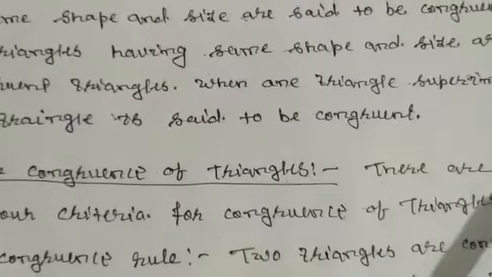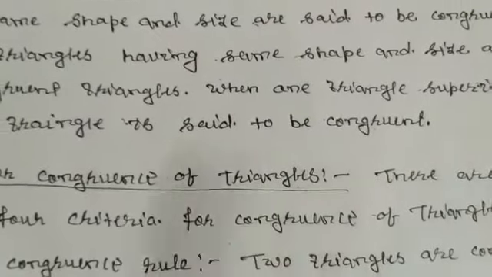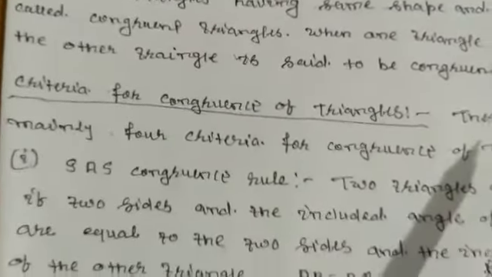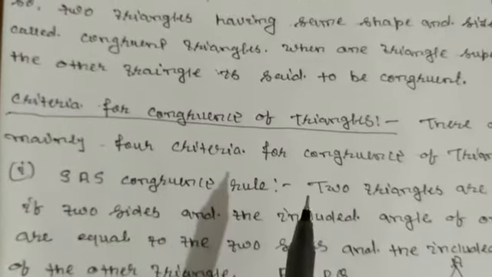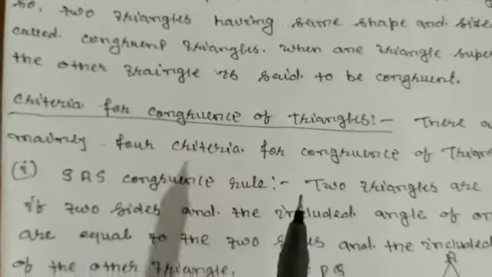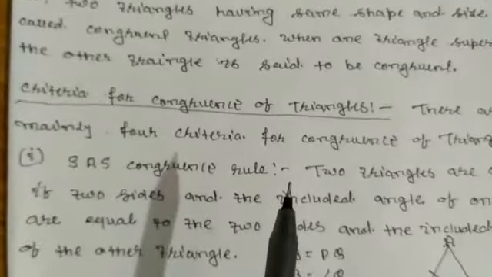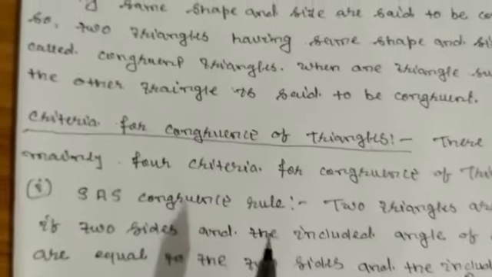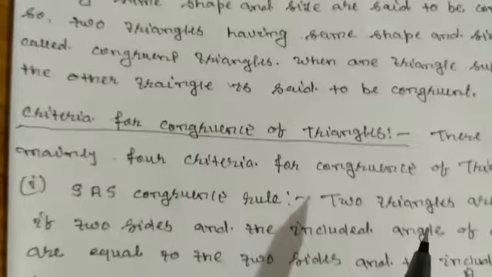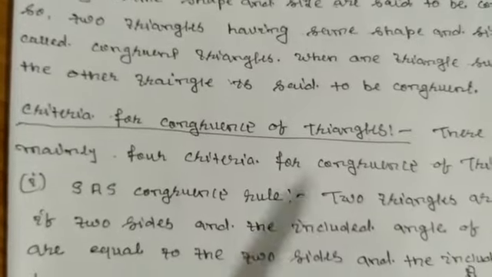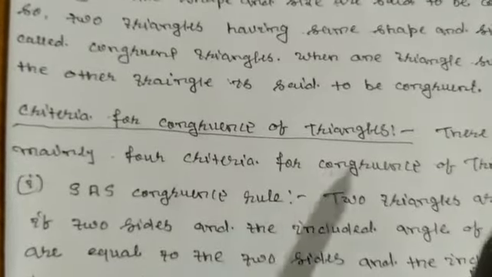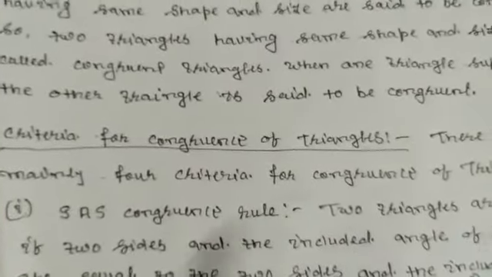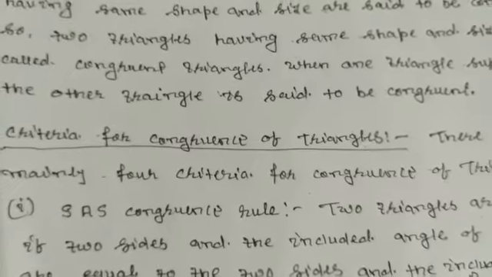There are some criteria through which we make two triangles congruent. Now we will discuss these criteria in brief or in detail. But first we have to understand what congruent triangles are.